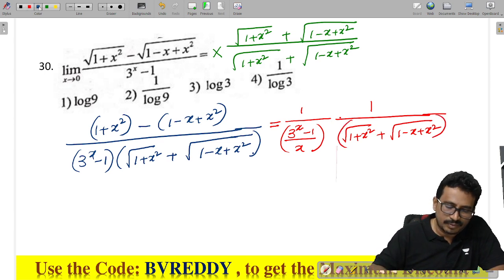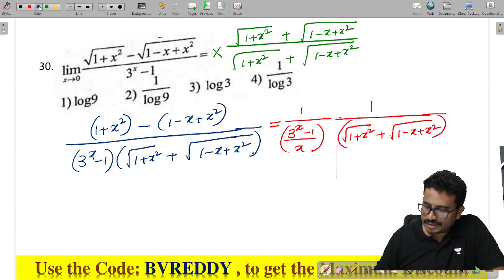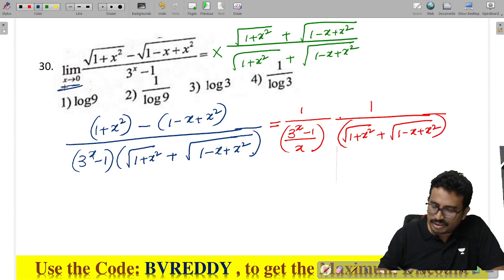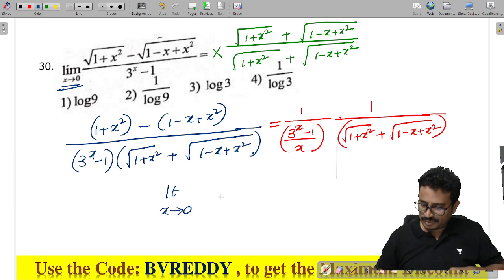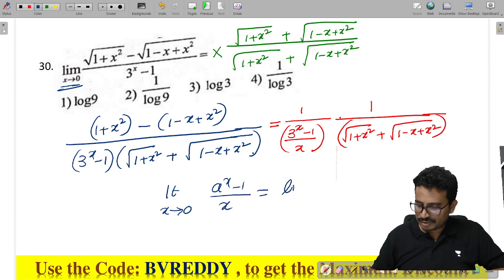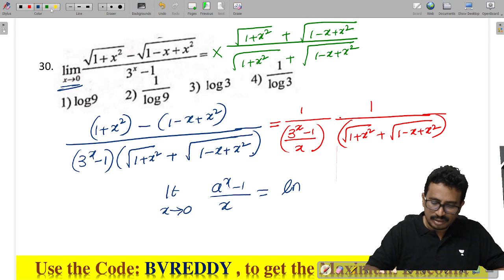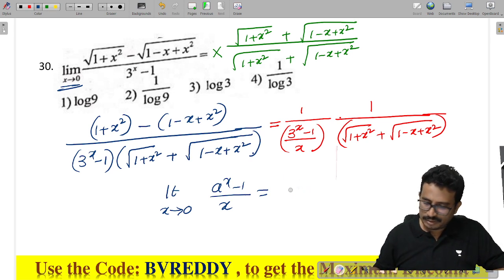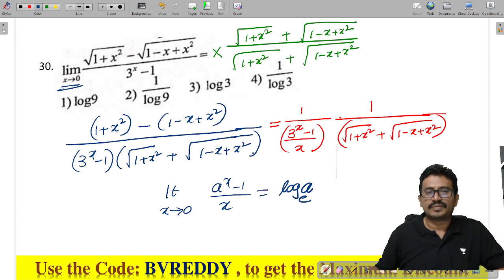Isn't it? Now x value tending to 0. As we know, limit x tends to 0 of a power x minus 1 by x is log a, which is log a base e.